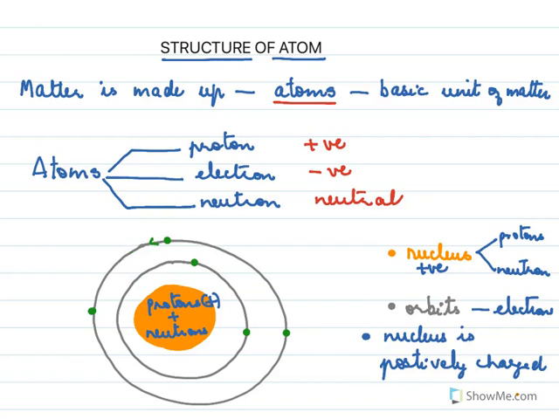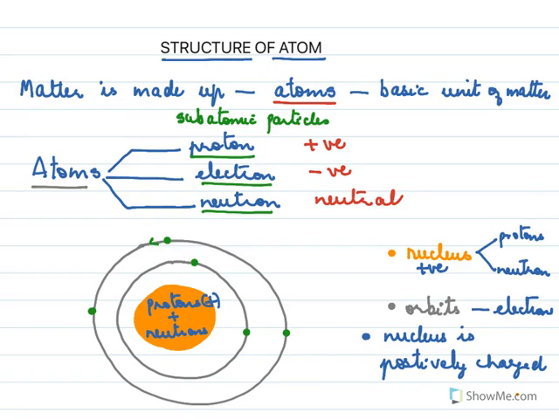So to go over the slide again, we said that matter is made up of atoms, and atoms are made up of 3 subatomic particles. These are called the subatomic particles. And the subatomic particles are protons, electrons, neutrons.